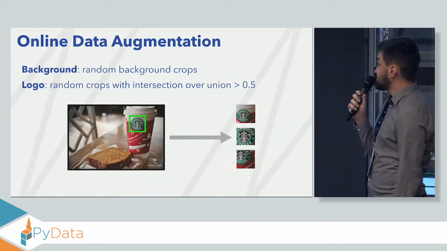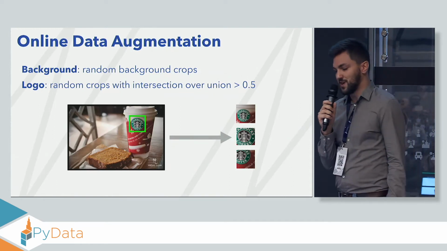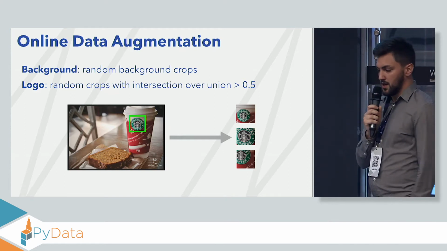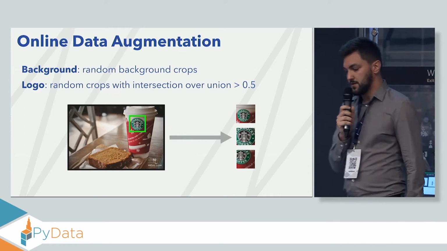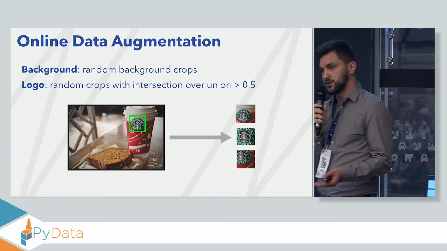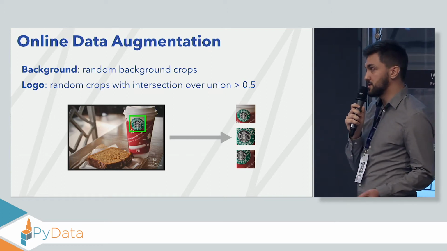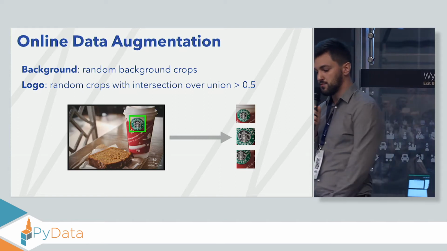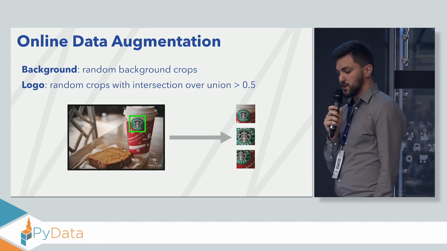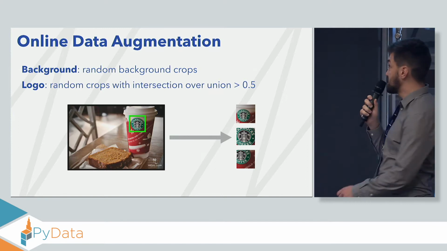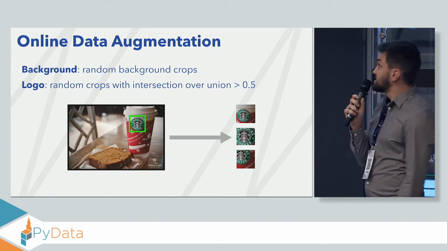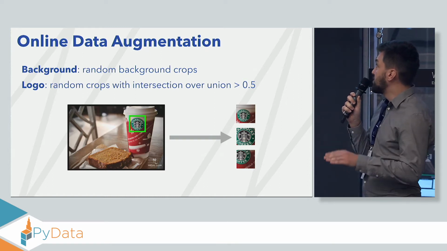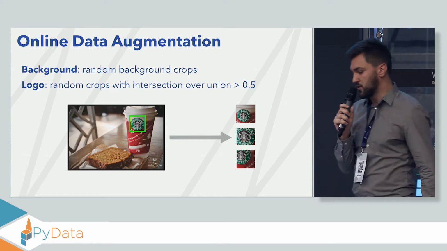Because we didn't have a lot of data, what we also do is use data augmentation. For background images, we just take random crops of background images that we have that contain no logos. For logo images, the way we do it, we take random crops of logos that have this intersection over union, so just this common area, of above 0.5.